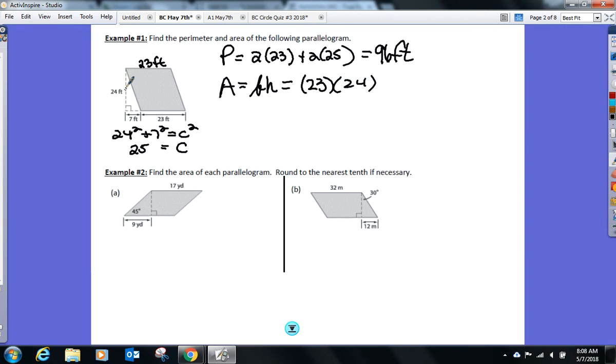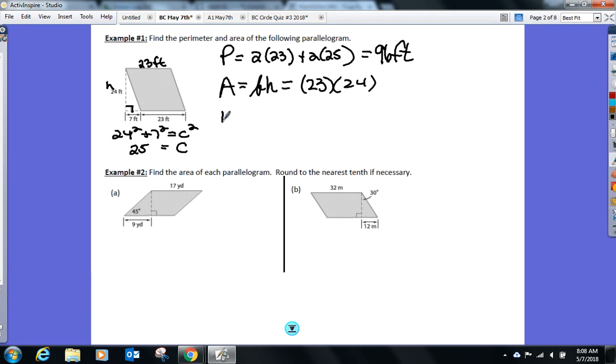The height, which is perpendicular, is always drawn down to the base. And why am I not using 7? Because 24 is drawn to 7. Why am I not using the 7 then? Is it part of the parallelogram? No, it's not a side. It's got to be a side of the parallelogram. So the height is always drawn to the base.